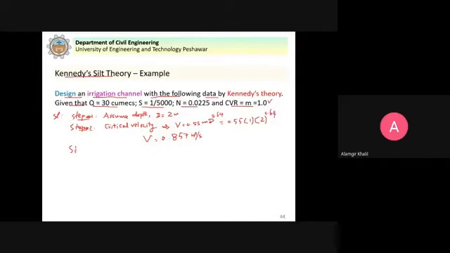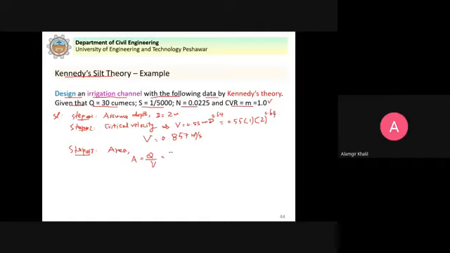Next we go to step number 3. Now we have this velocity here, and the discharge is given. We can calculate the area A. For that, area A is equal to the discharge, which is given, divided by the critical velocity that we calculated in step number 2.